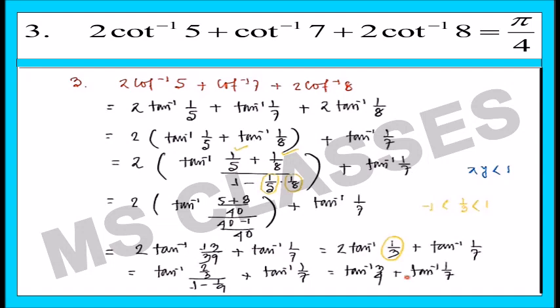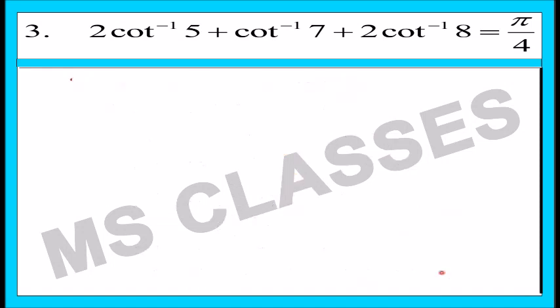Now here we can apply the formula again. You can apply the formula of tan inverse of x plus tan inverse of y. So we'll apply the formula here, and we get tan inverse of (3 by 4 plus 1 by 7) by (1 minus 3 by 4 into 1 by 7).